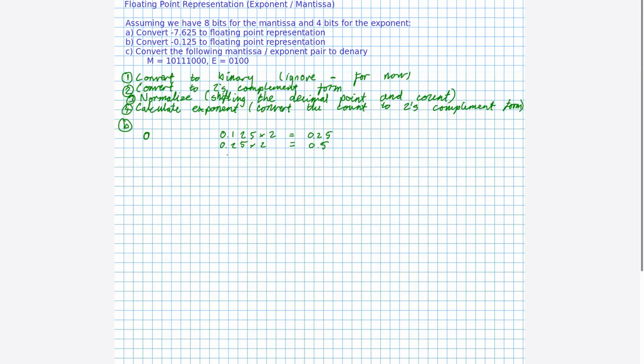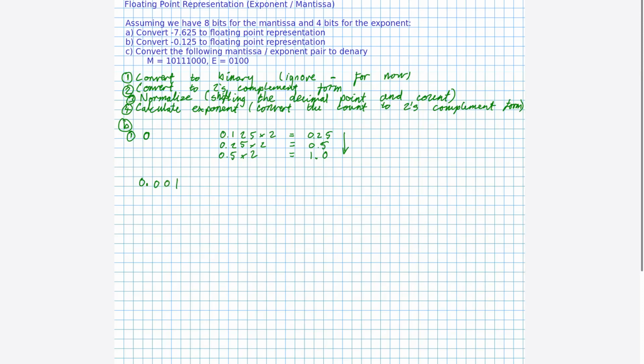And then we've got 0.5 multiplied by 2 equals 1.0. And then we're done. So remember, we start at the top and go down to the bottom. This is step 1, by the way. So we end up with 0.001.